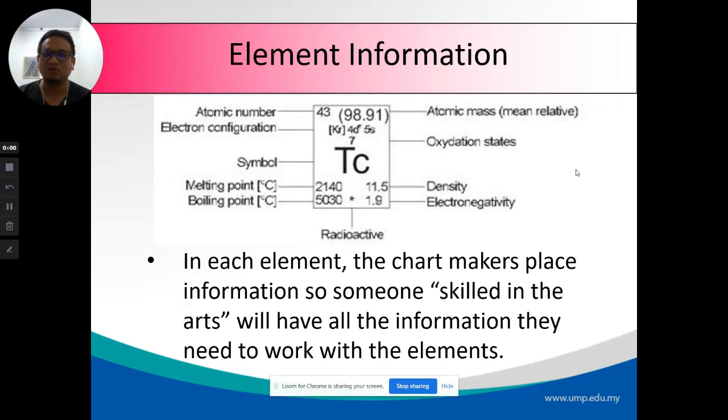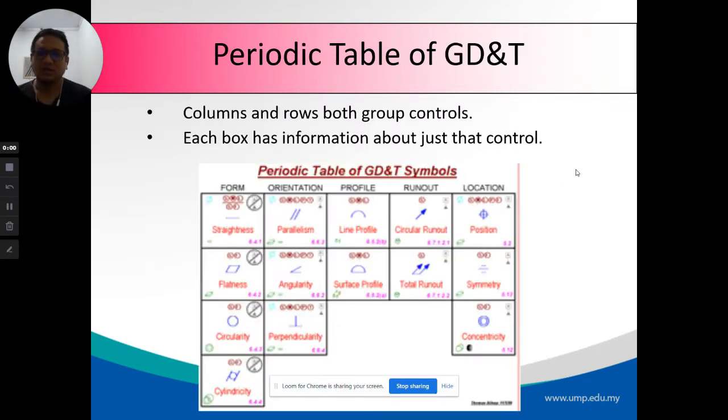On the right side is the atomic mass, and then you have the electron configuration, the oxidation state, the melting point 2140, the boiling point, as well as the density and electronegativity. So each element has its own information, and we are going to explain that in GD&T as well.